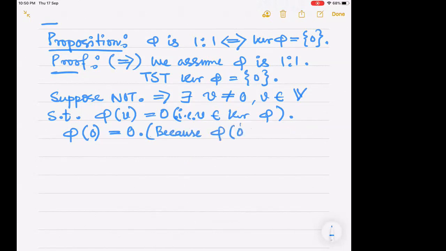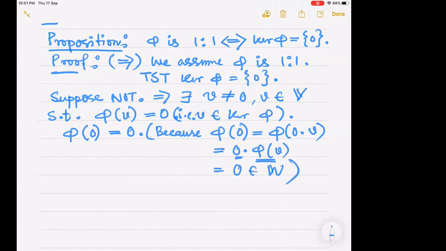Phi of the 0 vector is the same as phi of 0 times any vector v, as we have seen before while defining abstract vector spaces, that the 0 scalar times a vector is always equal to the 0 vector. By the fact that phi is a linear map, this is 0 times phi v. But this phi v is some vector in W, and this 0 is the scalar 0, so once again by the vector space properties, this must be the 0 vector in W. So 0 always gets mapped to 0.